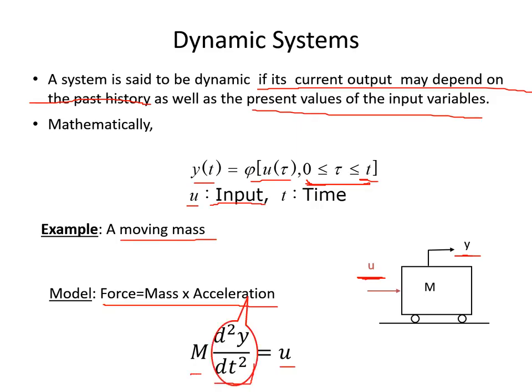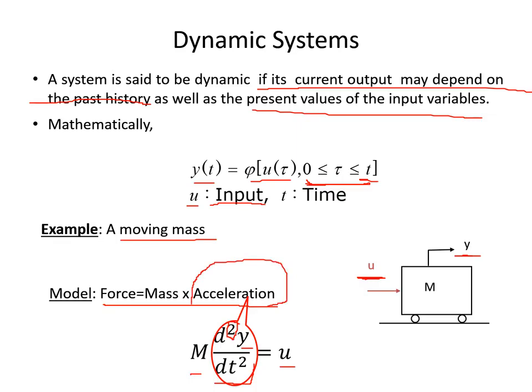Now this double derivative of y is an acceleration, and the reason is that if y is the displacement, then the rate of change of displacement, which is essentially the first derivative of y, becomes velocity, and then another rate of change will convert velocity into acceleration.